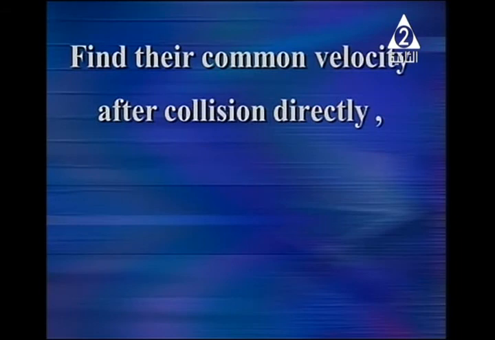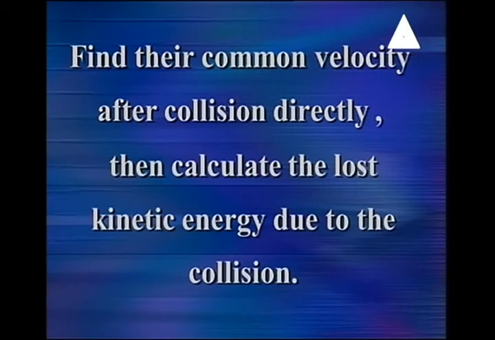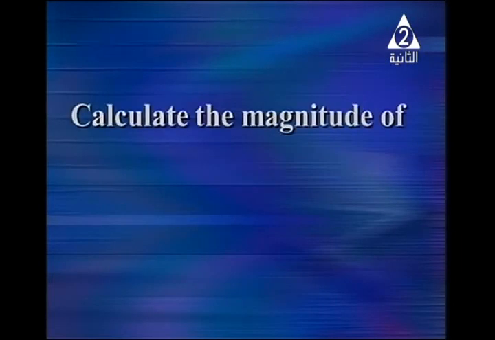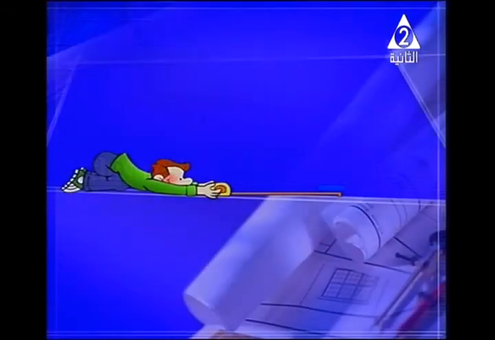Find their common velocity after collision directly. Then calculate the lost kinetic energy due to the collision. If the common body moves under the effect of a constant resistance, making it come to rest after covering a distance of 2 and 4/7 meter, calculate the magnitude of this resistance in gram weight.